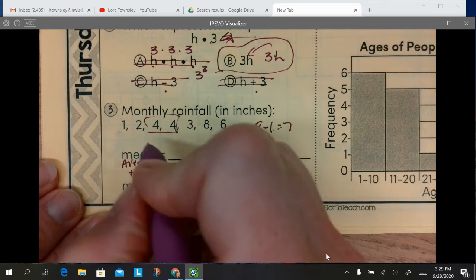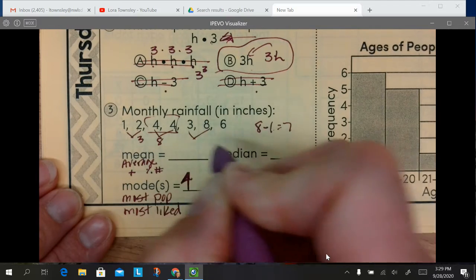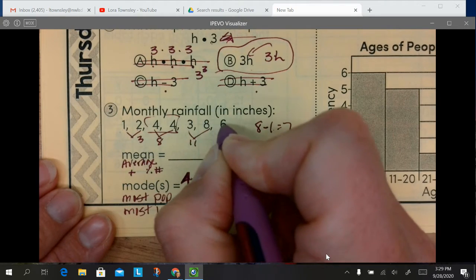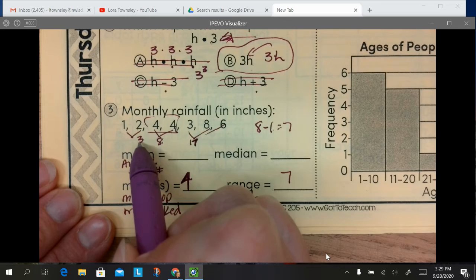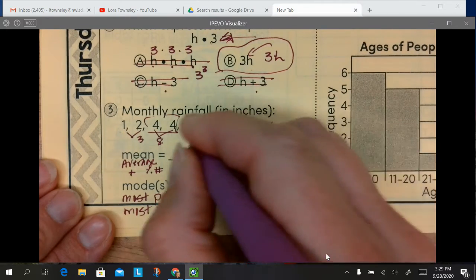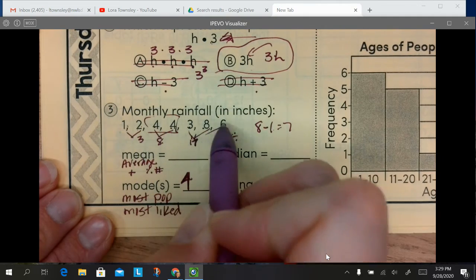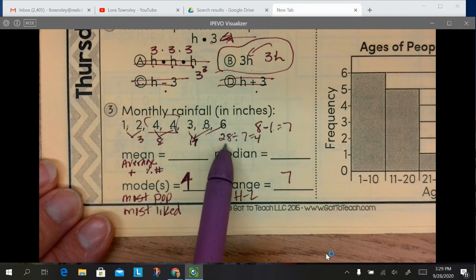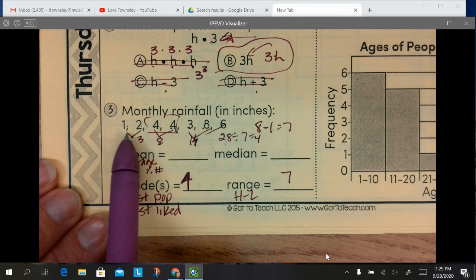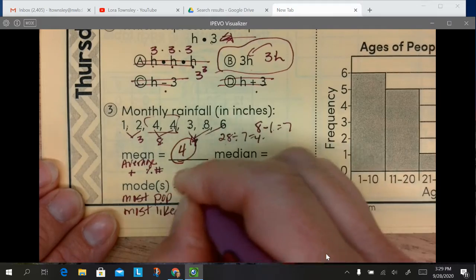Let's double check. 1 and 2 is 3, 4 and 4 is 8, 3 and 8 is 11, and then you have 6, that's 17. Yep, we have 28. So the mean is 28 divided by 1, 2, 3, 4, 5, 6, 7 pieces of data. I added all these up, came up with 28, divided by 7, and I came up with 4. So the mean is 4.